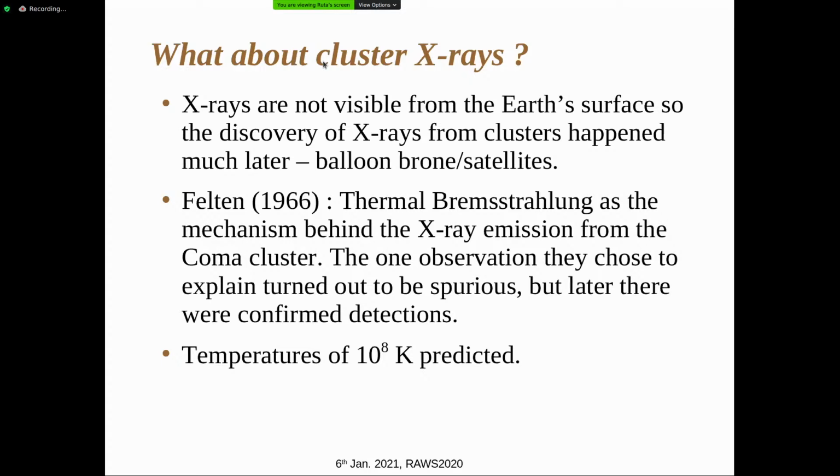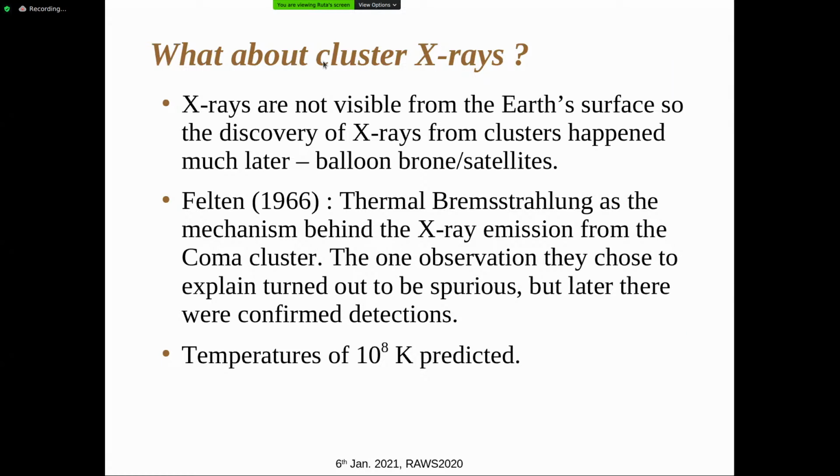In 1966 it was first proposed that this was actually thermal bremsstrahlung, and this mechanism of free-free emission was considered the most viable mechanism which explained all the properties measured for this X-ray emission. And then they predicted temperatures of about 10^8 Kelvin or so in such systems.